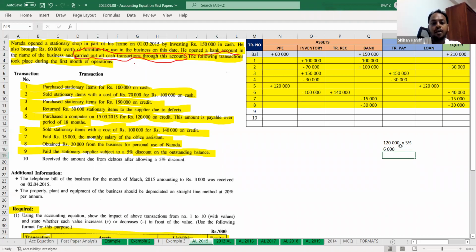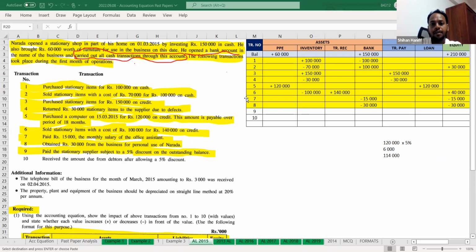So how much will we pay? 120,000 minus 6,000 means we will pay 114,000. The bank balance will reduce by 114,000.